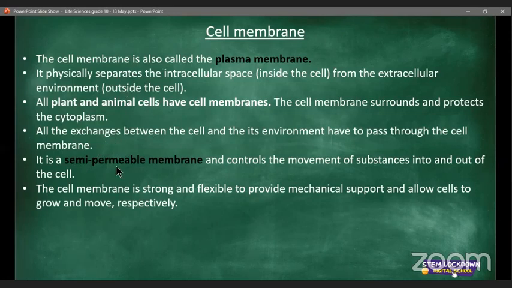It is a semi-permeable membrane and controls the movement of substances into and out of the cell. What does semi-permeable mean?